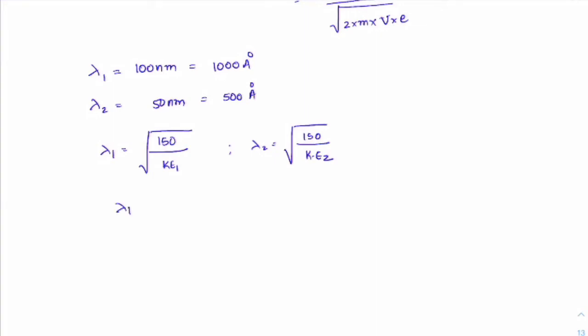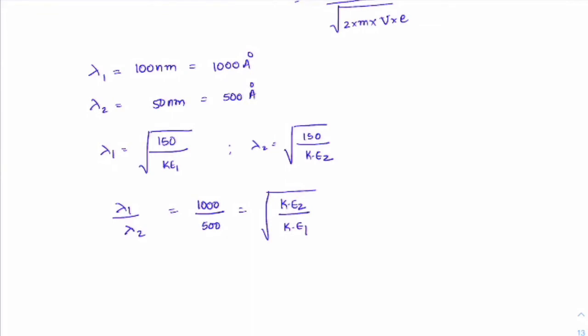So if I take just lambda 1 by lambda 2, I will get 1000 by 500, which is 2, equal to under root of kinetic energy 2 by kinetic energy 1, as the 150 will get cancelled.